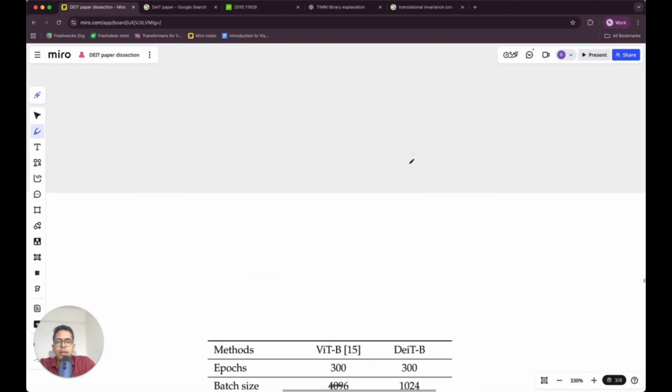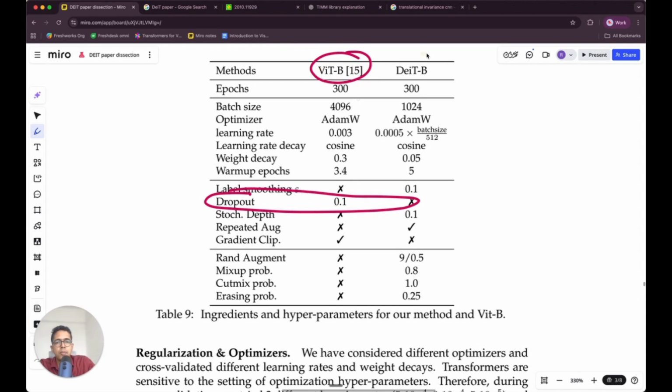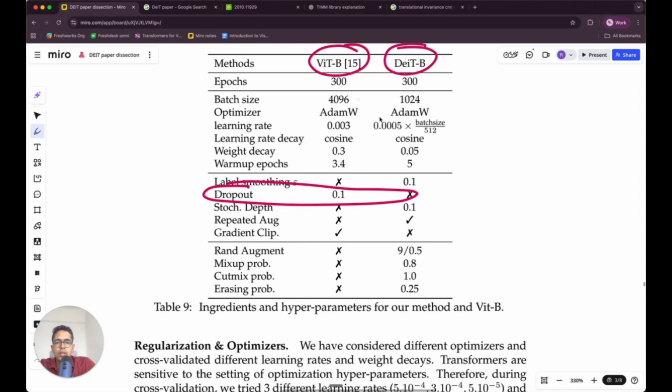Here, this is a comparison between hyperparameters and what was used, where you compare the Vision Transformer base model and the data efficient image transformer base model. Epochs 300, batch size 4096 versus 1024, optimizer AdamW, same, learning rate 0.003.